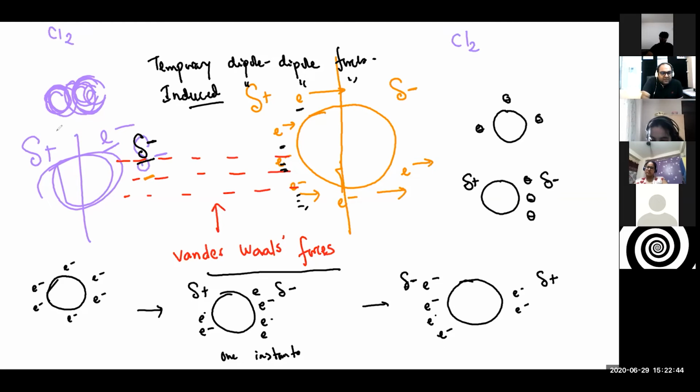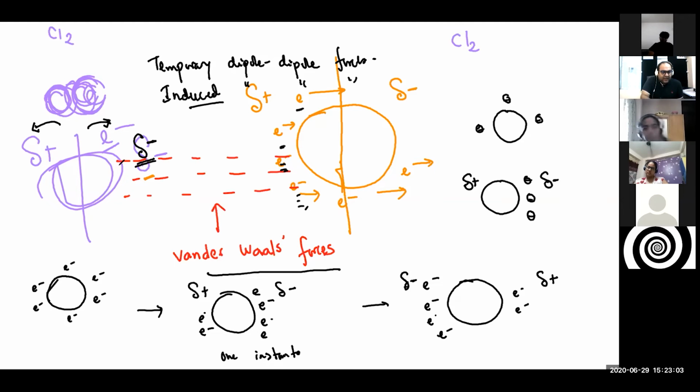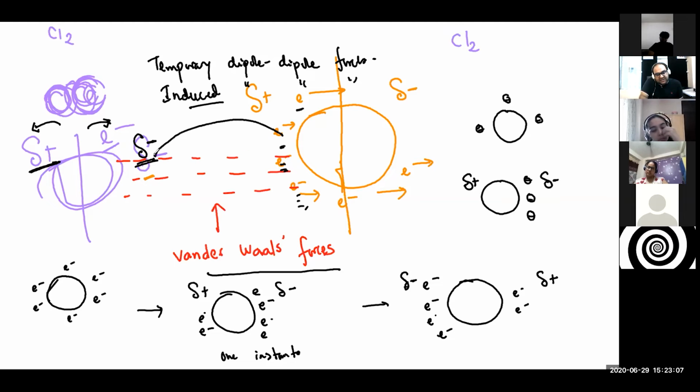Because when one of the molecules, which was previously neutral on both sides, suddenly has more electrons on one side and fewer on the other side, it becomes partially negative and partially positive. This in turn induces a charge on its neighboring molecule.